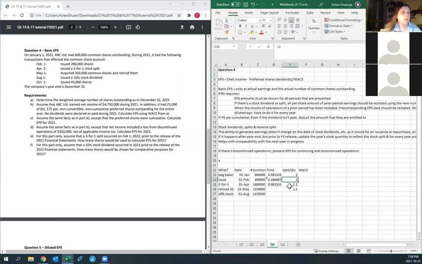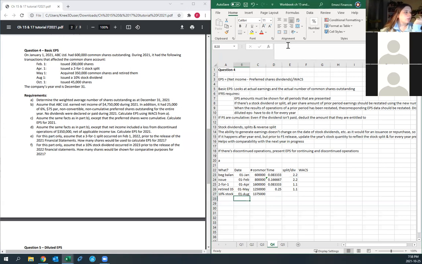Here, since you already had the 2-for-1 factor, you're going to multiply it by your 1.1, so you want to add both effects. And then the time is going to be May, June, July, right? 3 months.